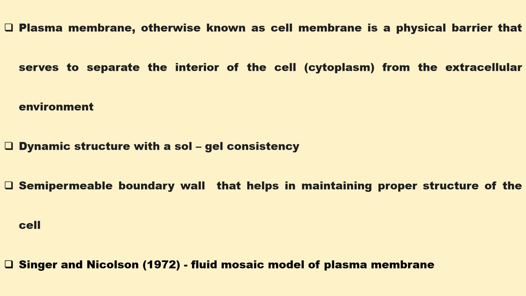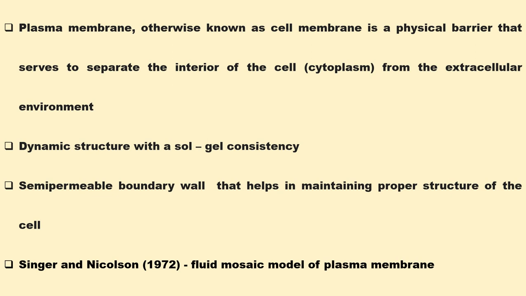It is a dynamic structure with a sol gel consistency. We will talk about this in our previous slides. It is semi-permeable in nature. That means it will selectively allow certain particles to go in and certain specific particles to come out.